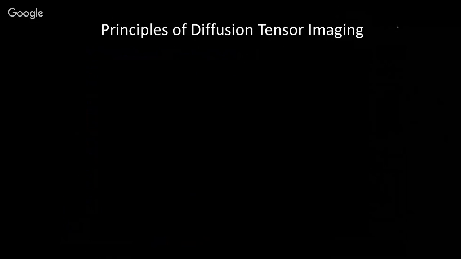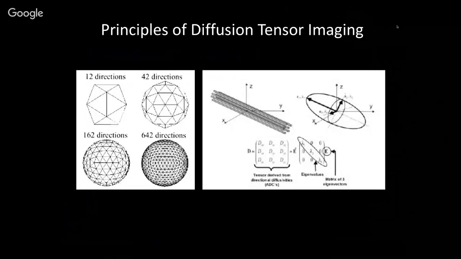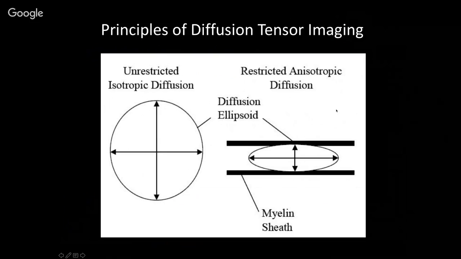By looking at this diffusion along a number of different vectors, we get a sense for not only the magnitude of diffusion, but also the directionality and the shape of that diffusion. We can boil it down into a number of representative values referred to as the diffusion tensor, which gives us not only the directionality of diffusion, but also the shape of diffusion.